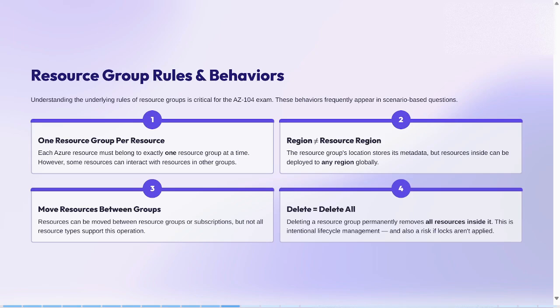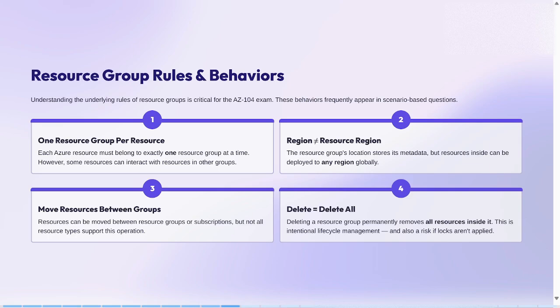However, an important point is not every Azure resource type supports moving. Before moving resources, administrators must verify resource dependencies, supported resource types, and subscription limitations. The move operation may also temporarily affect management operations. So always verify before moving resources from one resource group into another resource group.